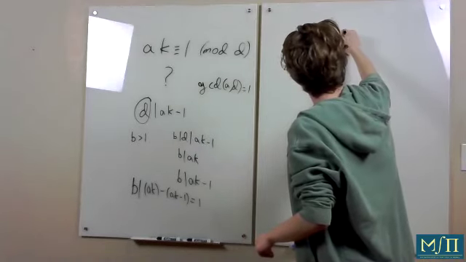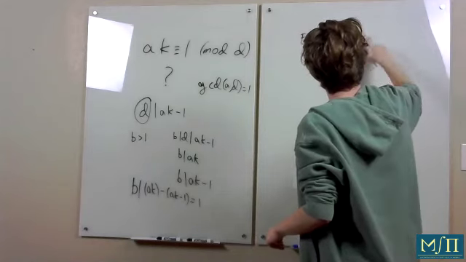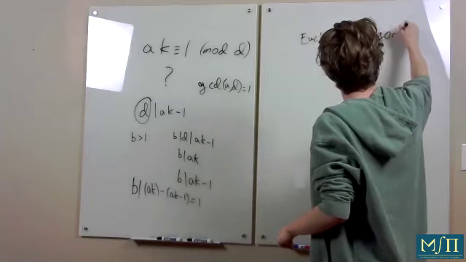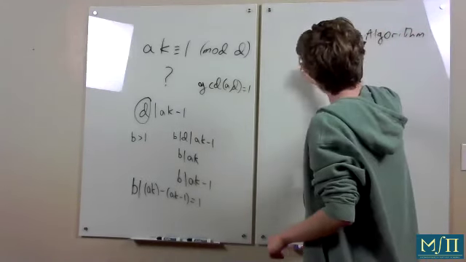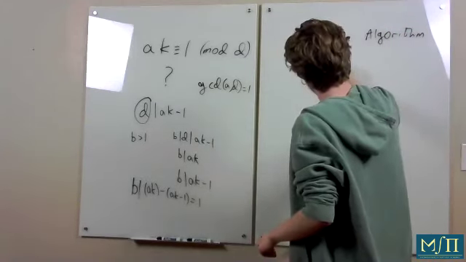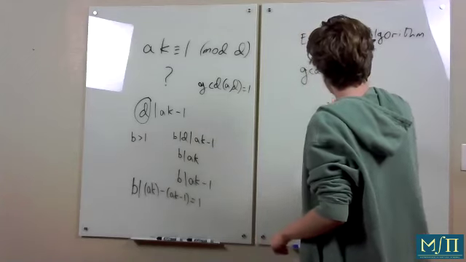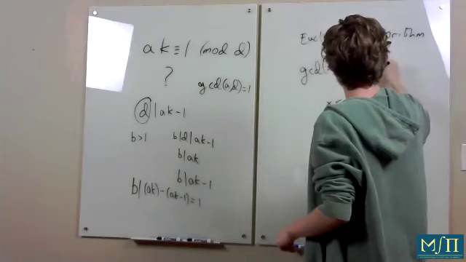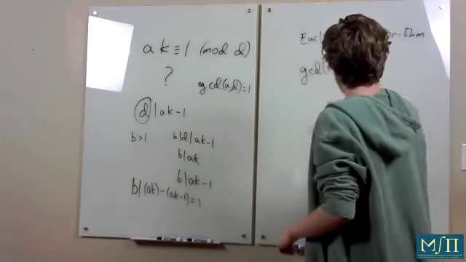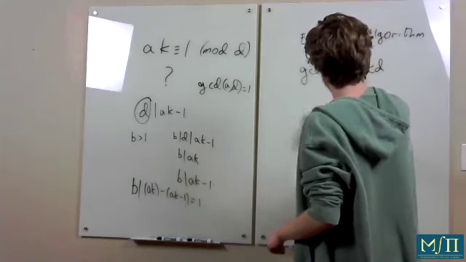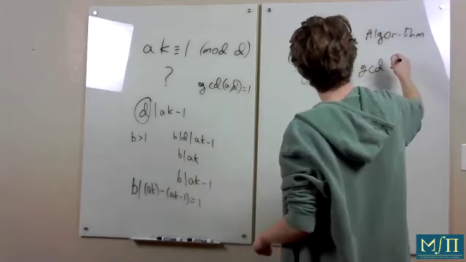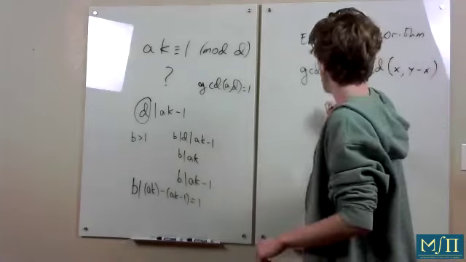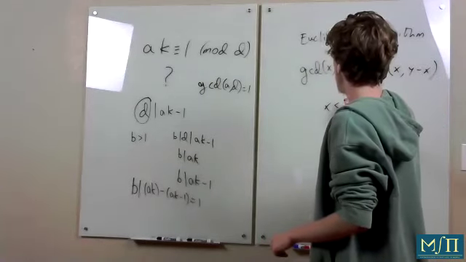It basically uses this idea that the GCD of two numbers, say x is less than y, then the GCD of x and y, or for any integers really, is the GCD of x and y minus x.